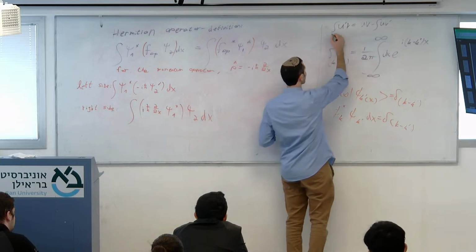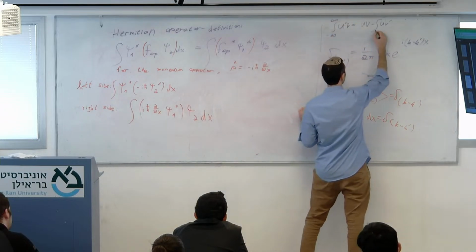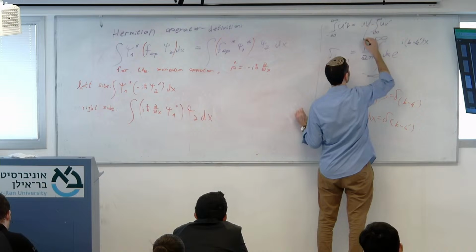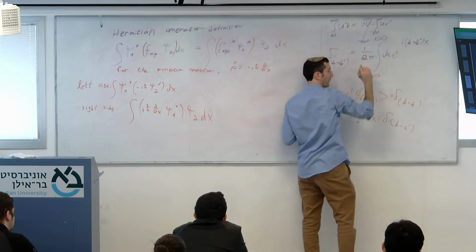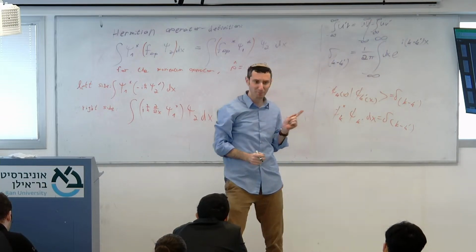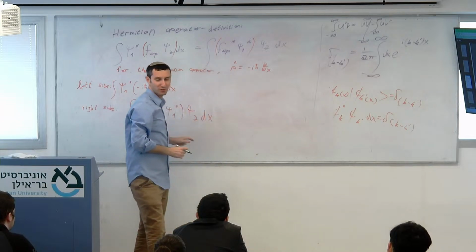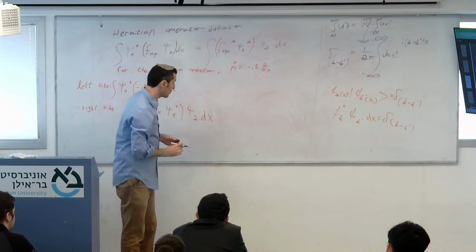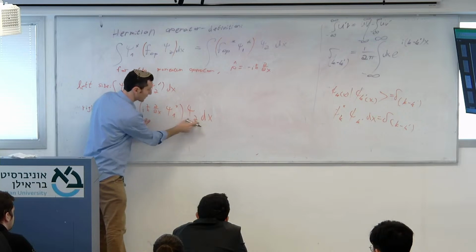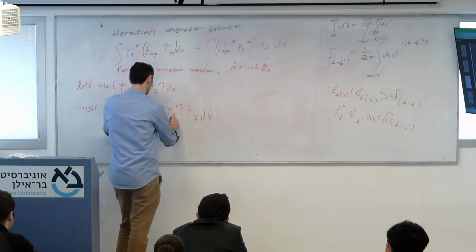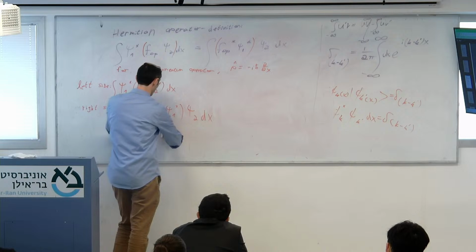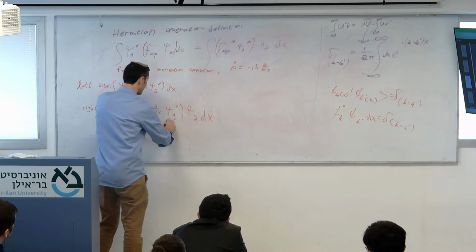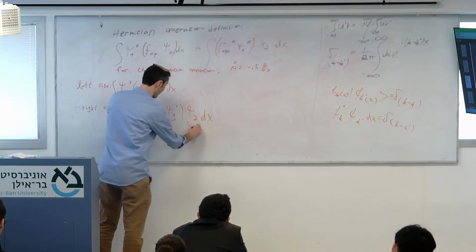Let's add numbers, minus infinity to infinity, and from here, I also put the limits, right? This is going to be important. The trick that I'm going to do now, we're going to do a few times throughout this course. What do I do now? I want to move the derivative from here to here. So I take this as u prime, and this as v prime, and this as u.